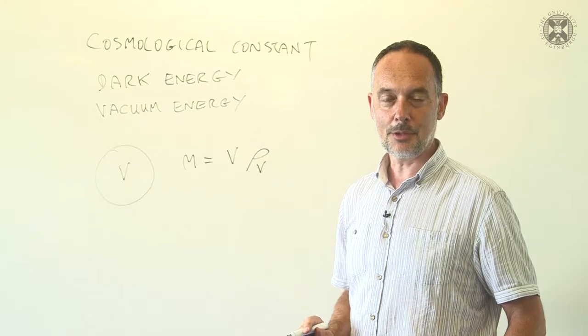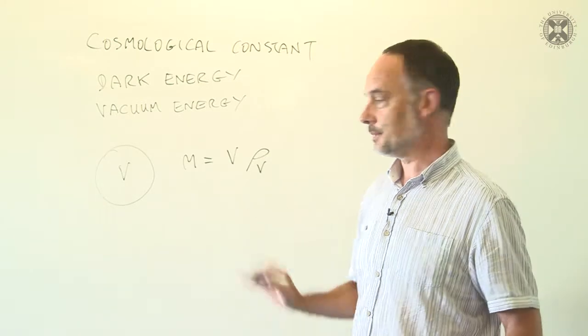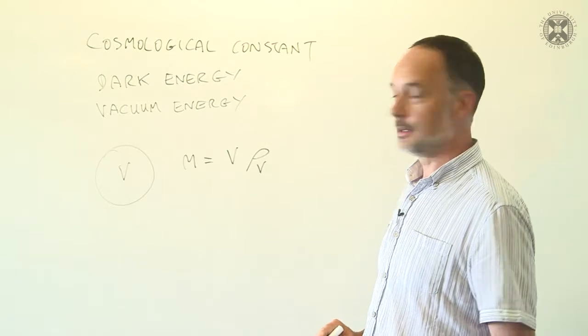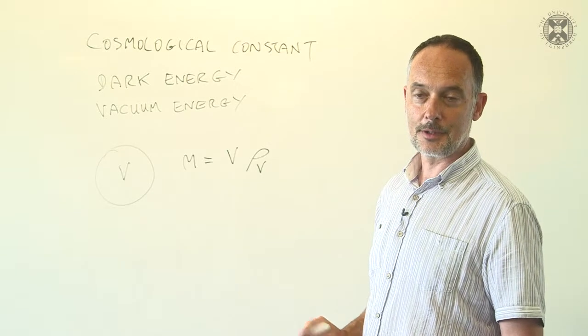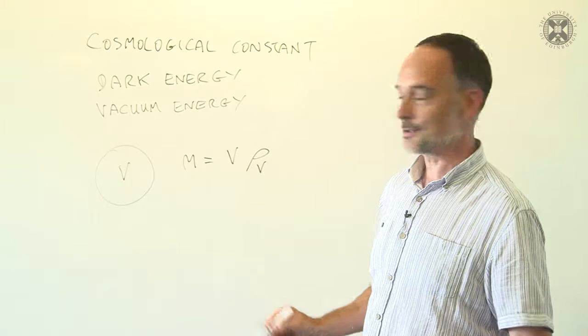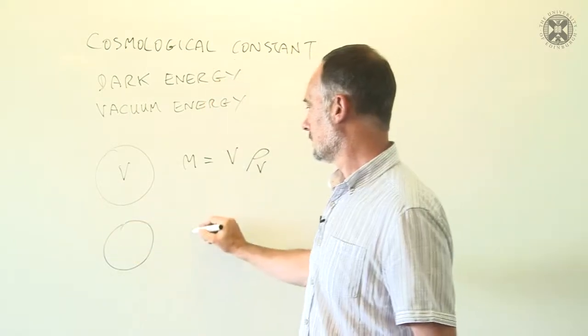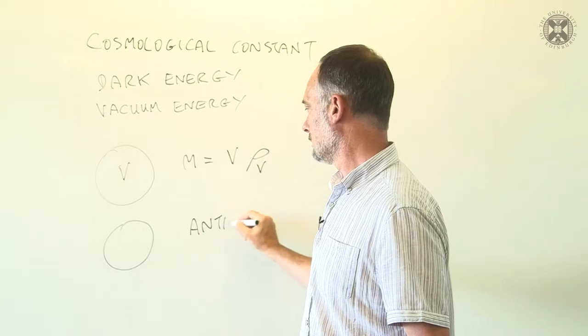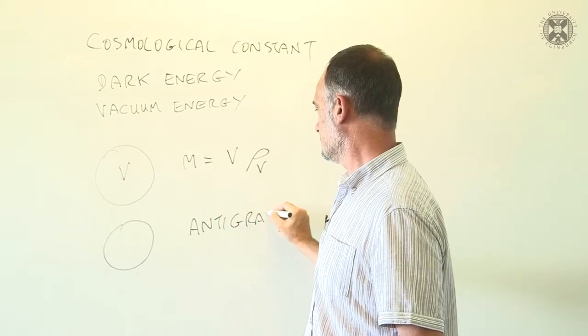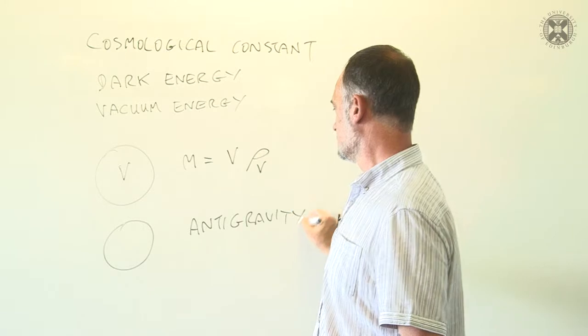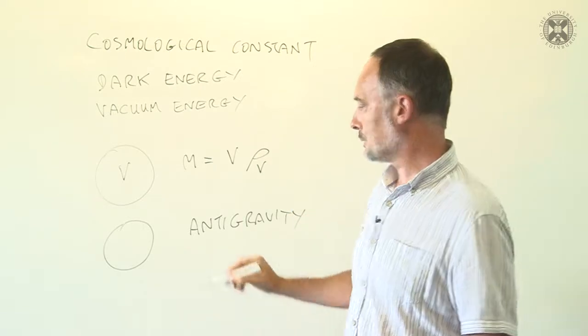We'll discuss a little bit more later on how that's possible, but if we just accept it for the moment, Einstein proved a further strange consequence, which is that such a system would exhibit anti-gravity properties.